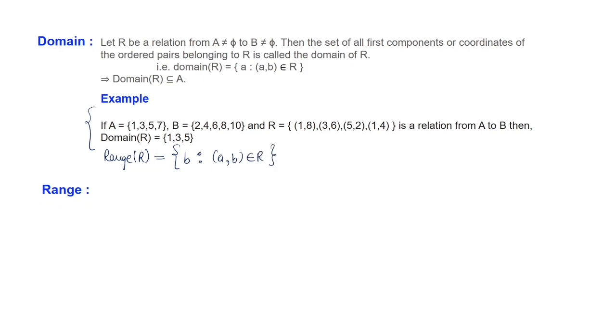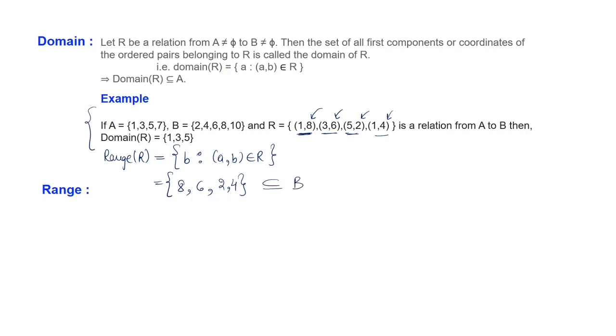So, in this relation, I have the ordered pair 1, 8. The second element of this ordered pair is 8. In the next ordered pair, I have the second element as 6. In the next, I have 2 and 4. So, it is clearly a subset of the set B.